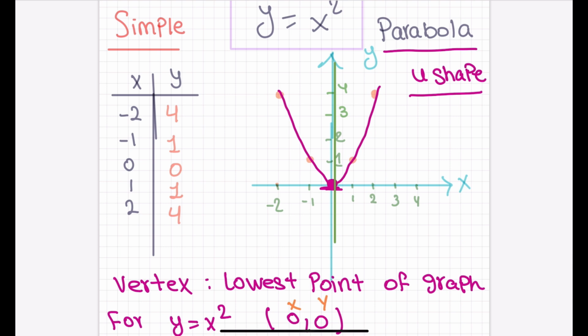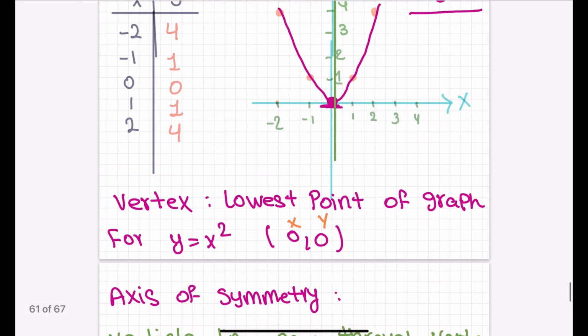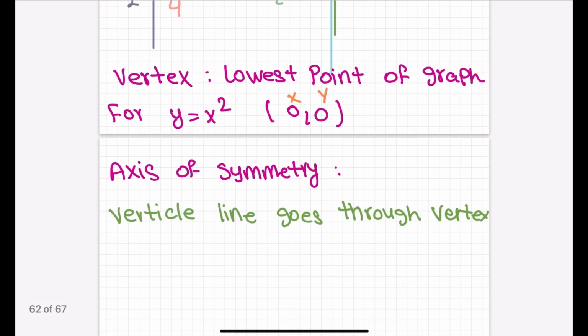So it splits the graph into two mirror images. For this graph, the y-axis is the axis of symmetry, or we can call it x equals 0. Remember something, in a parabola, this graph, a parabola graph, is always symmetric.